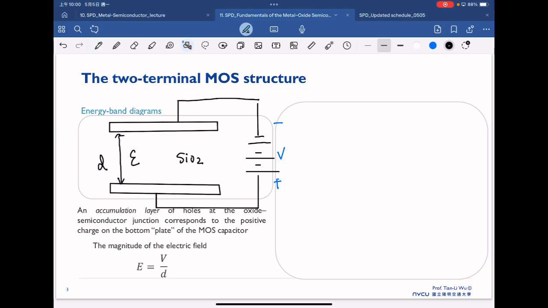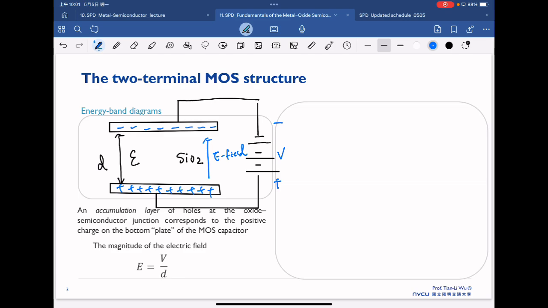In this case, that means the electrode at the bottom has a positive charge, and the electrode on the top has a negative charge. And with this charge distribution, we will have the electric field from the bottom to the top as well. So this is a case that we would like to discuss.